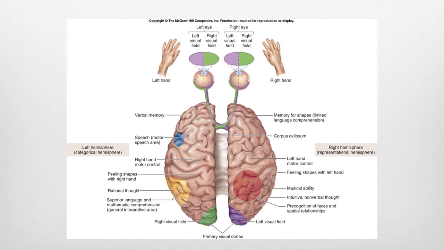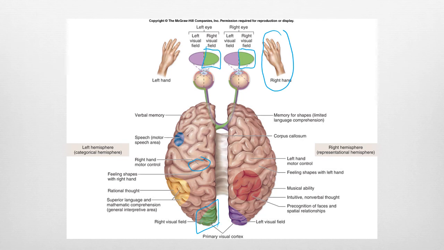When we look at the cortex, we can see information as far as, say, the right hand. If we touch something with the right hand, the left cortex is going to, in a sense, feel it. It's going to respond to that particular information. Anything in the right side of the visual field is going to end up on the left side of the cortex as well.